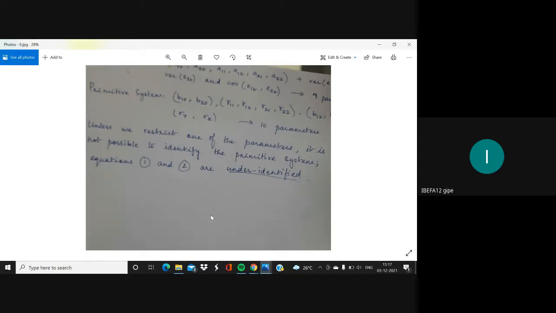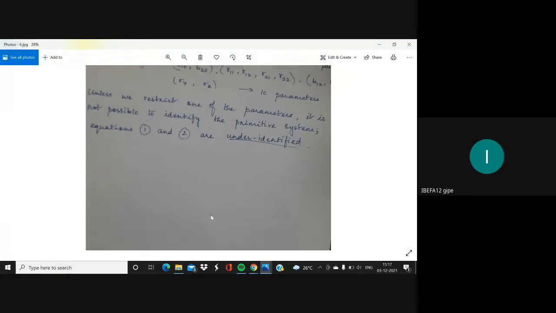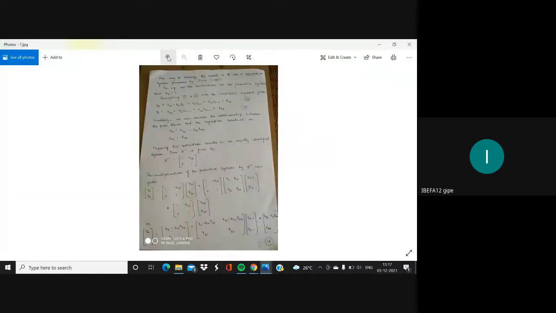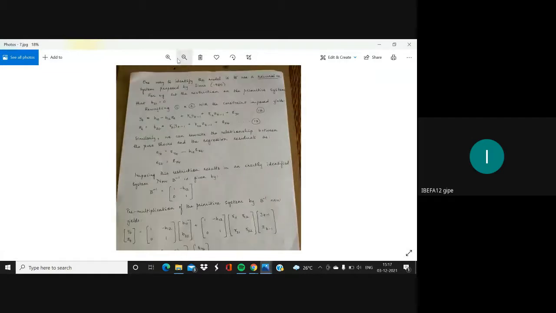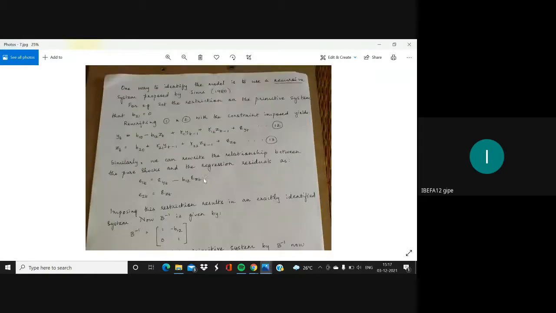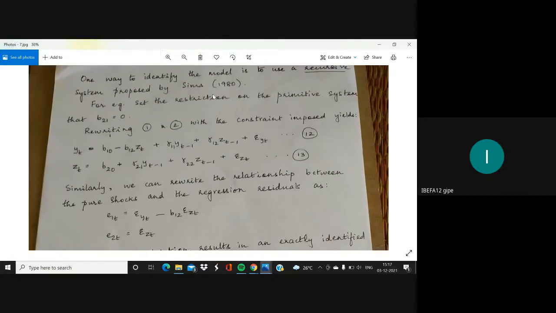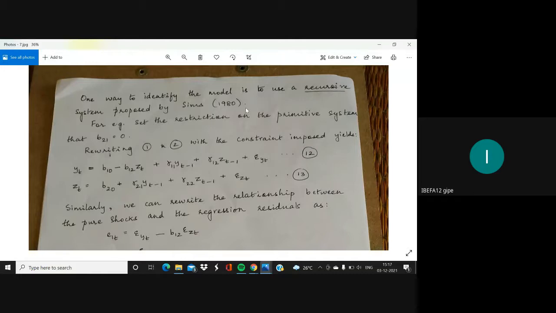So this is the problem that we face, and now what we need to do is impose certain restrictions on the structural parameters so that we can recover exactly the value of those structural parameters. One typical approach is to use a recursive system that was proposed by Sims, 1980.